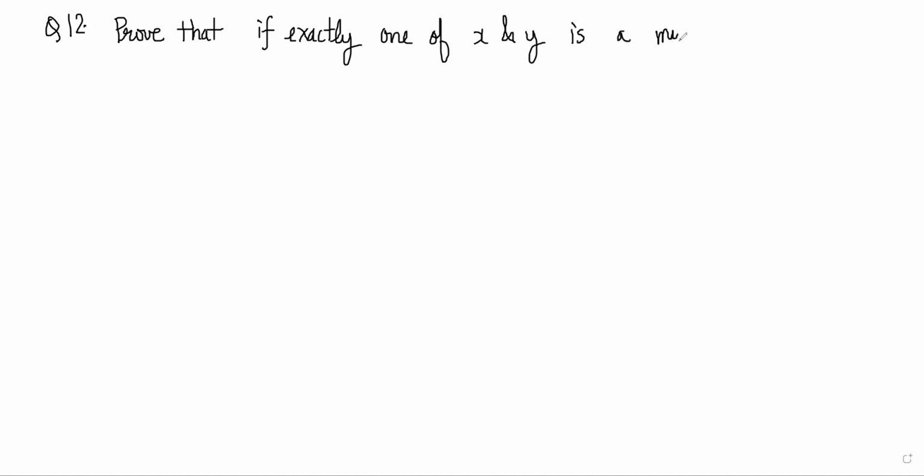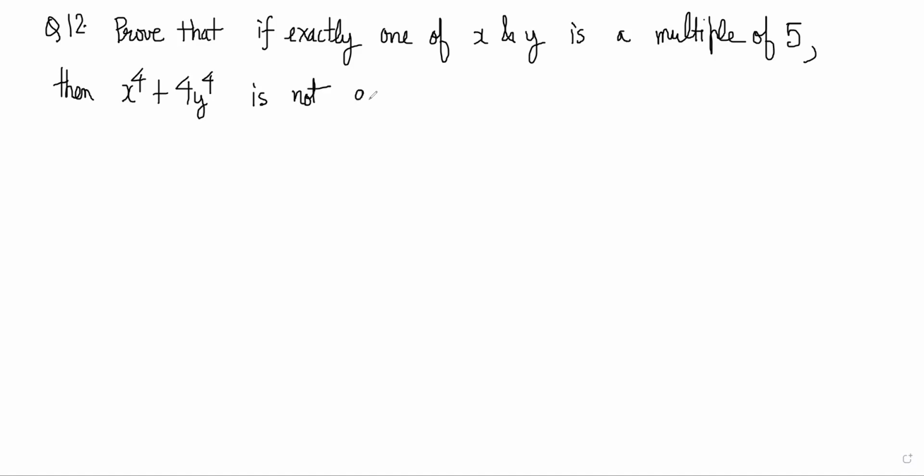Prove that if exactly one of x and y is a multiple of 5, then we have to show that x power 4 plus 4 times y power 4 is not a multiple of 5.